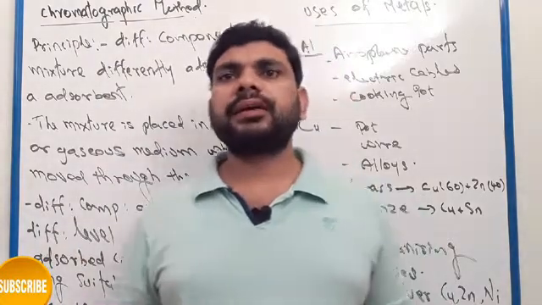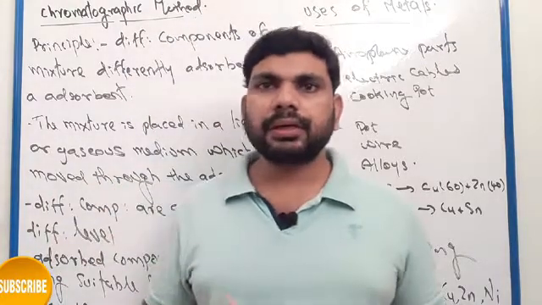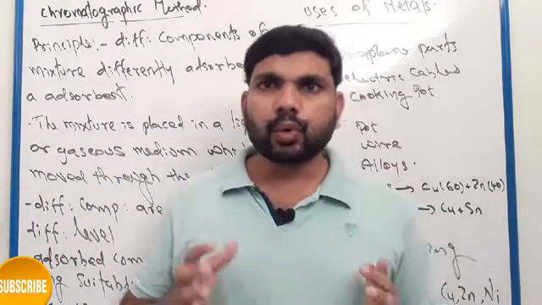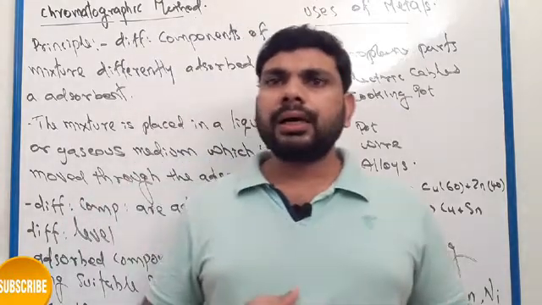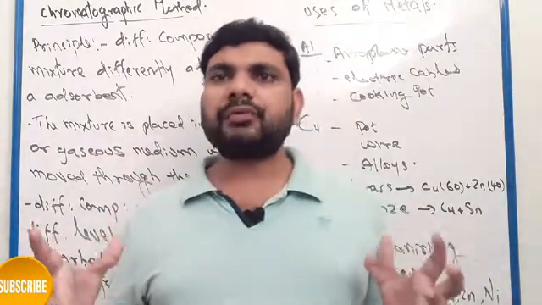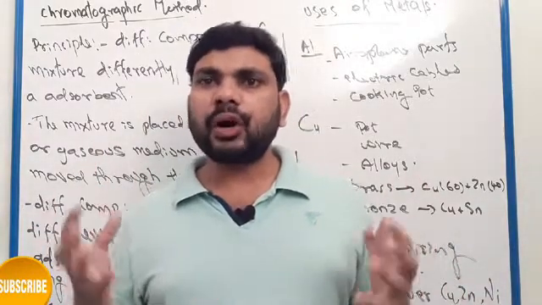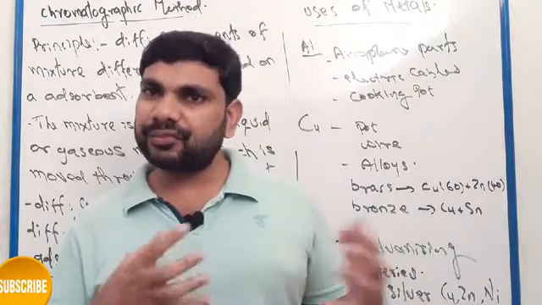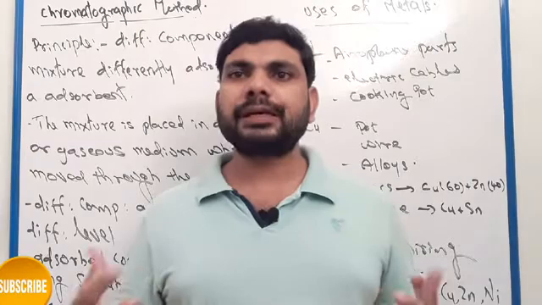We discussed different methods to purify metal. The last method is the chromatographic method. Chromatography depends on a mixture. We know a mixture contains different types of components. These different components will be adsorbed differently on a surface. This is the basic principle.